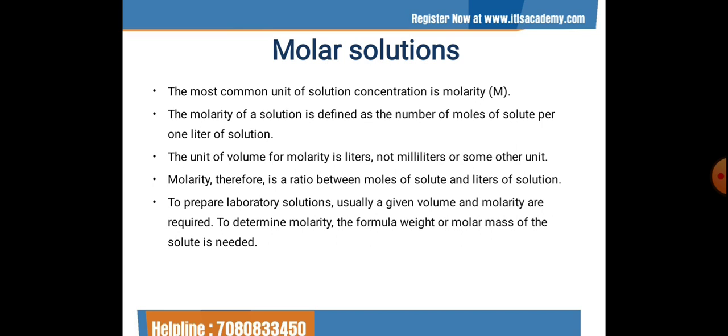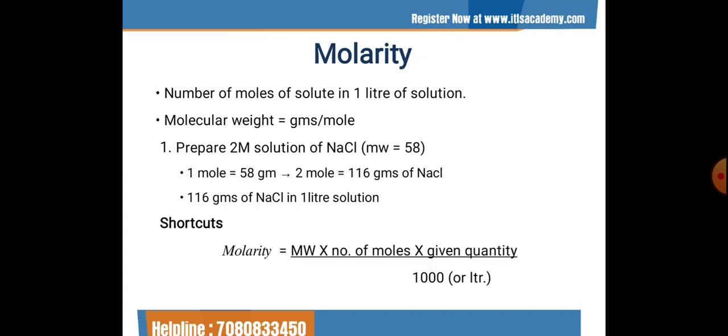That is calculated from its molecular mass and the molar concentration. So to make 1 liter of 1 molar NaCl solution, whatever the gram weight of NaCl required forms the molar solution of NaCl.